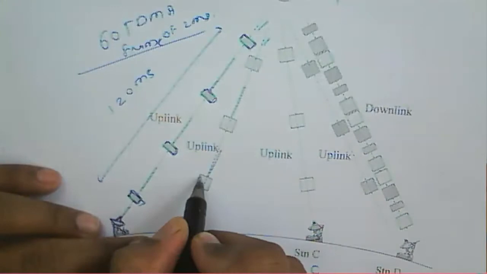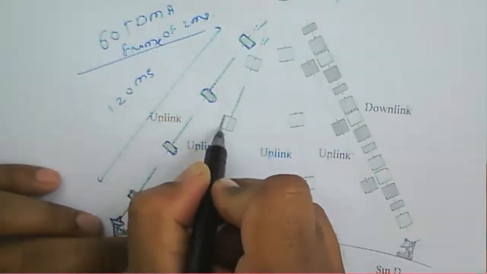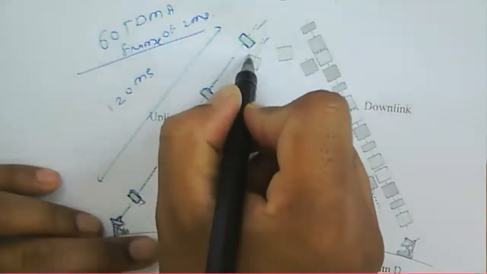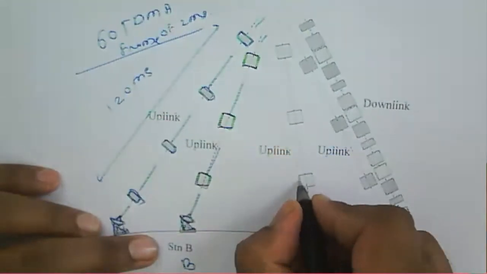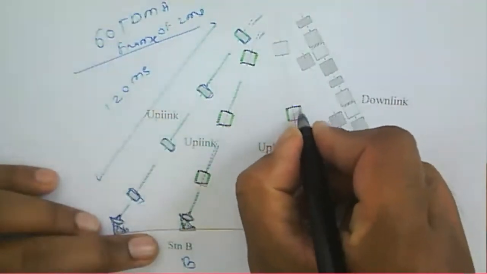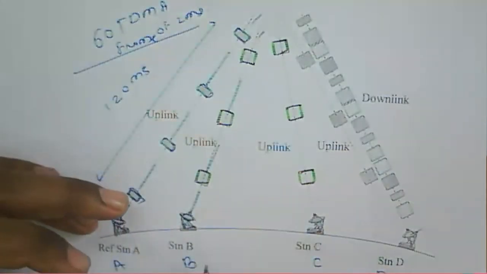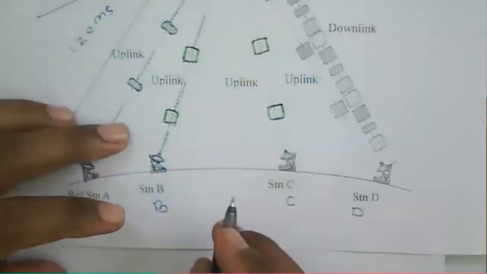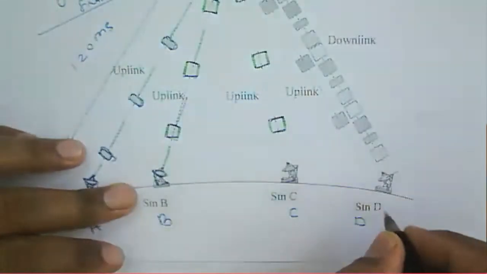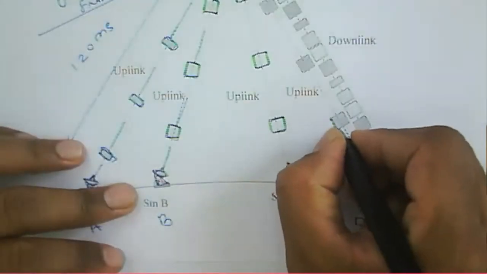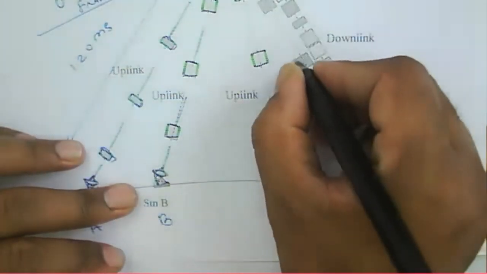These are the data bursts from this earth station, and these are the data bursts from the earth station here. Now these are about the reference station, stations A, B, C. These are transmitting the data bursts. And again station D, these are about the uplink data.